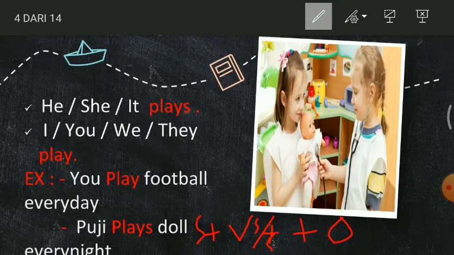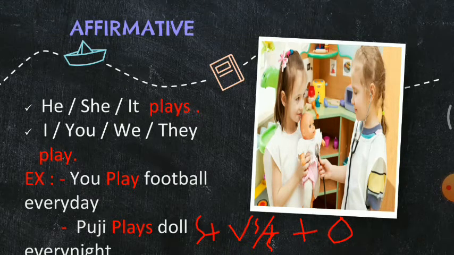Remember the subject: he, she, or it. The verb is play. How do we use s and es?